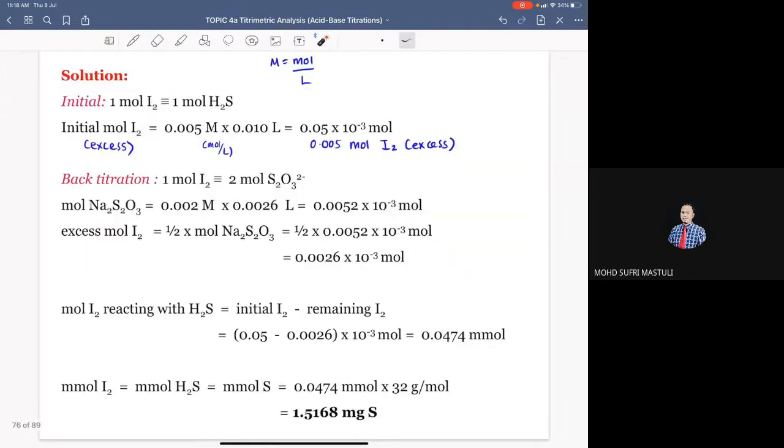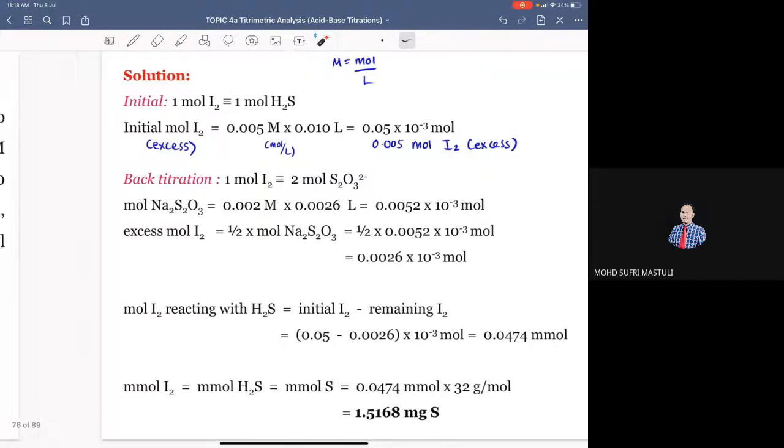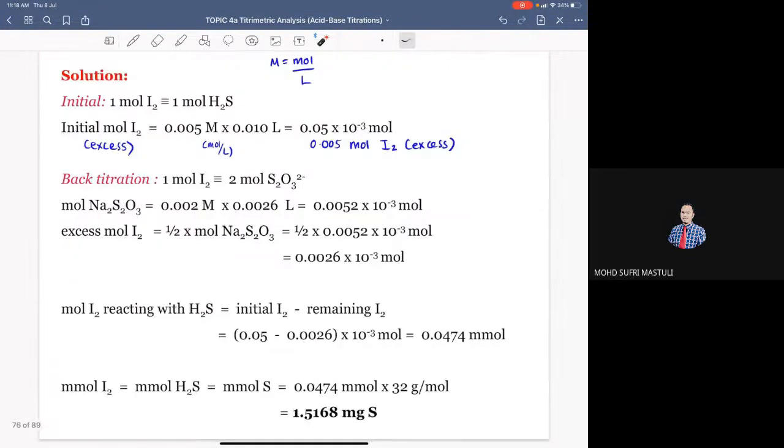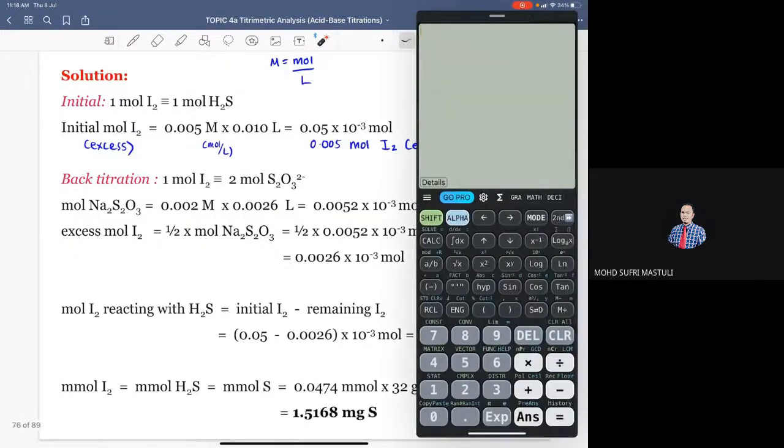0.02 molarity times volume 2.6, meaning that 2.6 divided by 1000, 0.0026 liter.